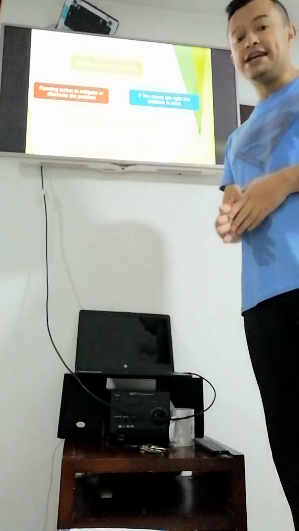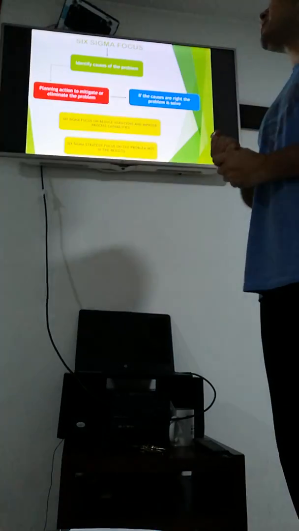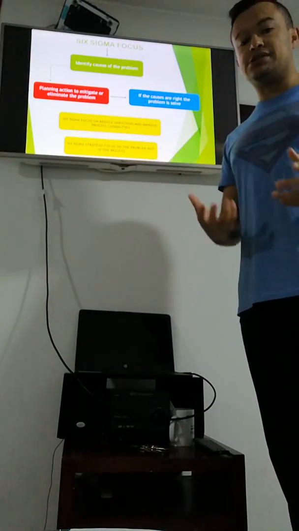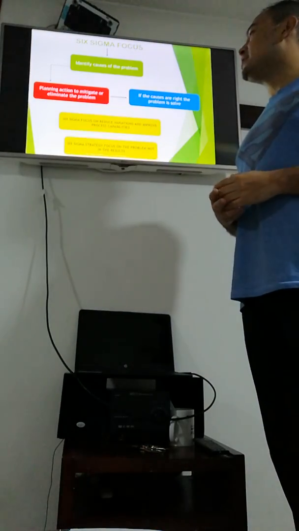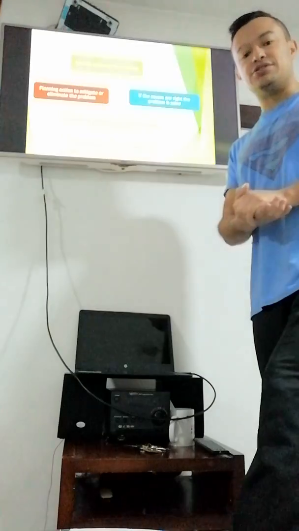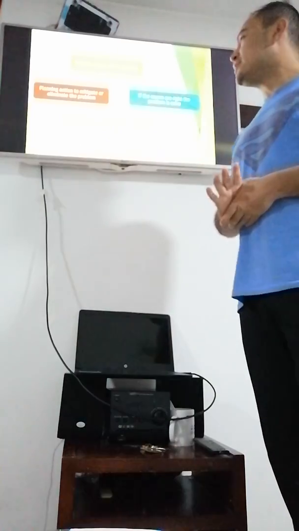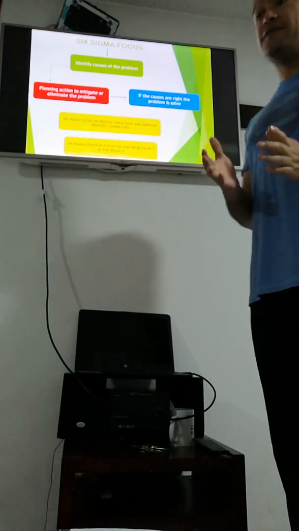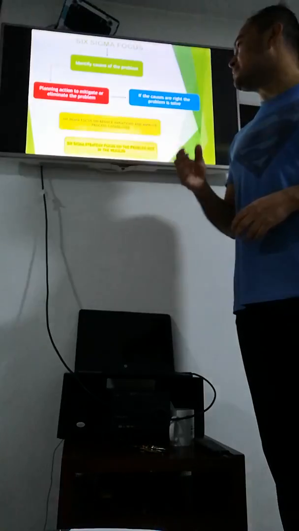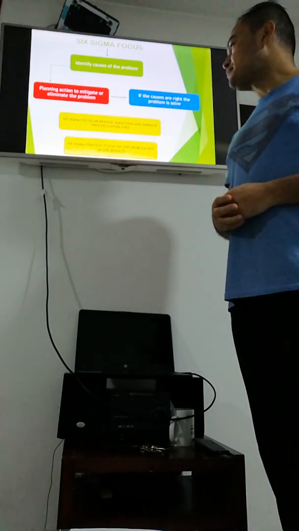The focus in the Six Sigma theory is clearly the causes of the problem. That's the main focus, and you have to plan actions to mitigate or eliminate the problem. If you did a good search for the causes of the problem, obviously the problem is going to be solved.